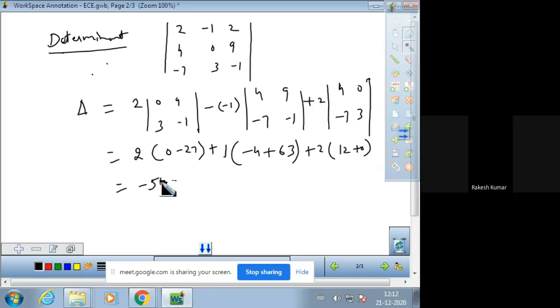Minus 54 is there, and 64 minus 3 is 59, and 12 twos are 24. Ultimately, we shall have 29. This is the value of the determinant. So in this way, you can find the determinant.